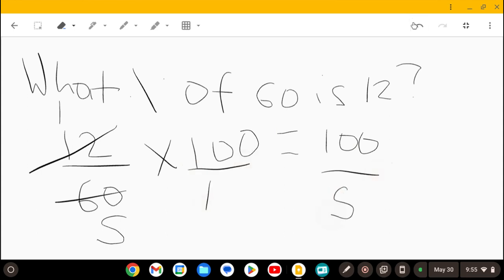So we have 100 over 5, and 5 goes into 100 20 times. So this means that our answer is just 20%. So put a percentage sign because we're finding the percent, all right? So this means that 12 is 20% of 60.